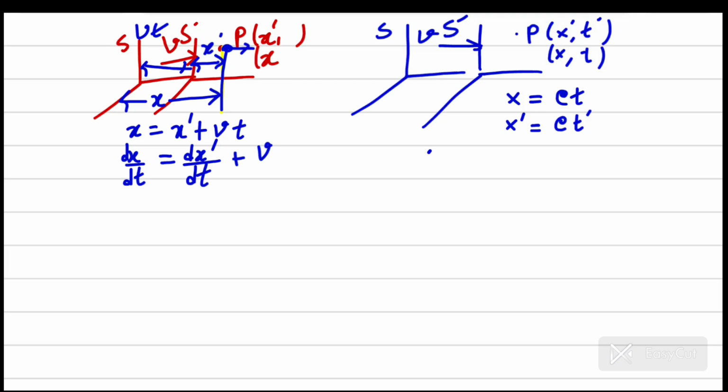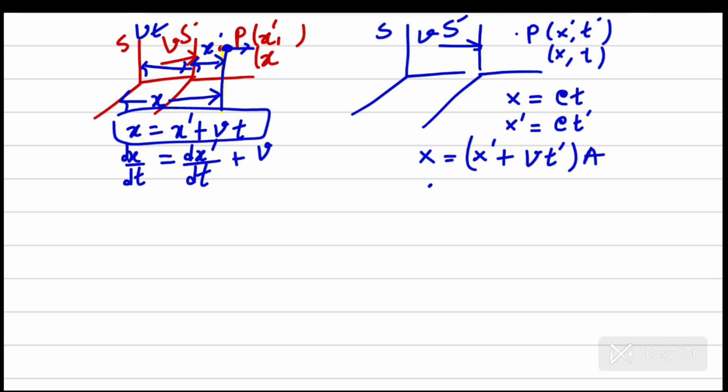Here t prime is measured from the S prime reference frame. So if you take the coordinates, here x will be equal to x prime plus vt prime, and there will be a factor, and we have to find this factor with the condition that the speed of light is the same in the S and S prime reference frames.